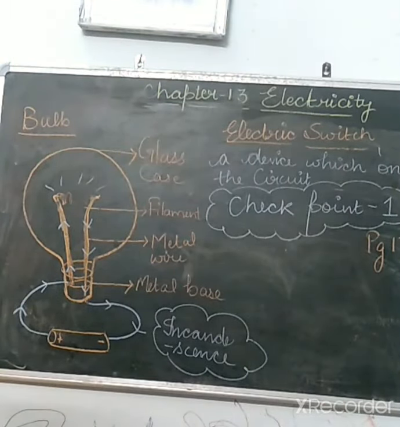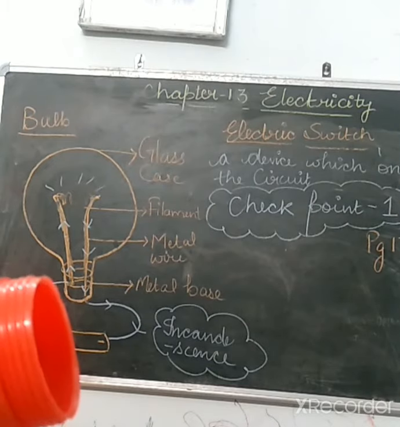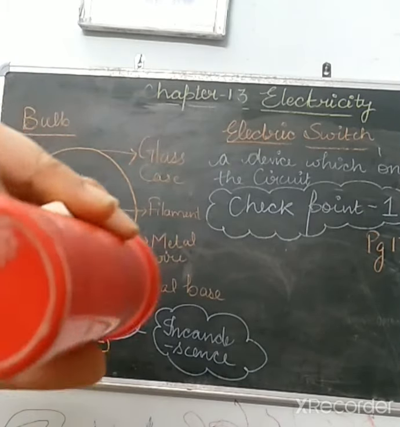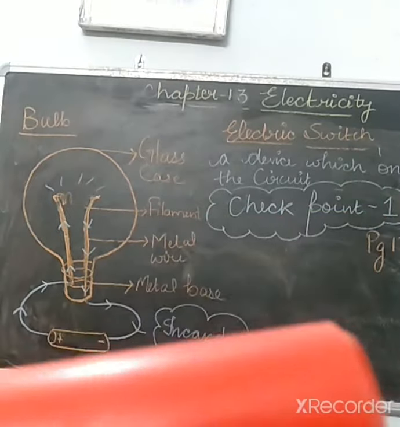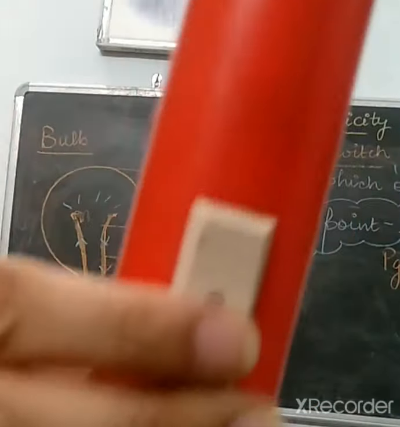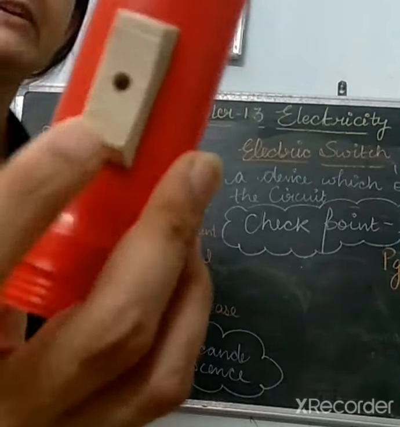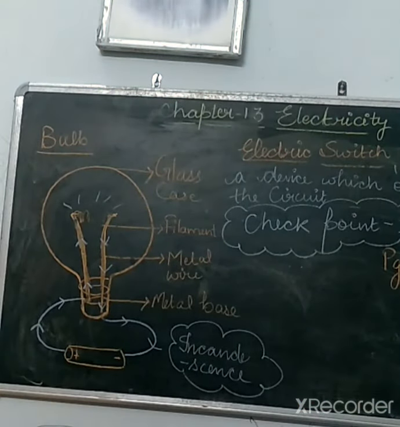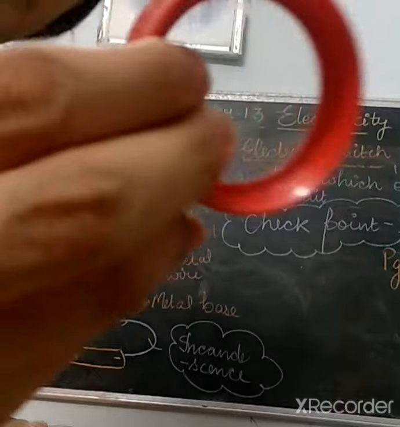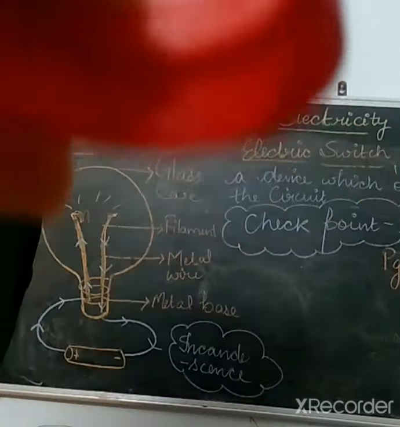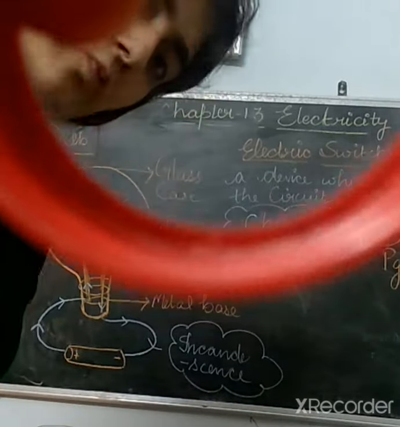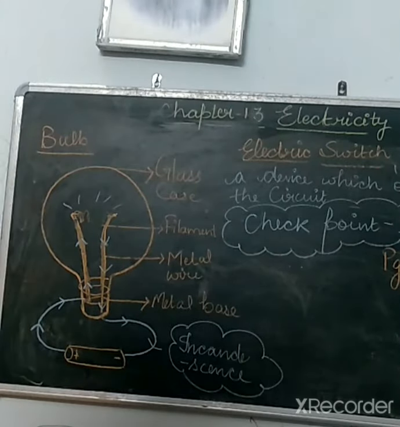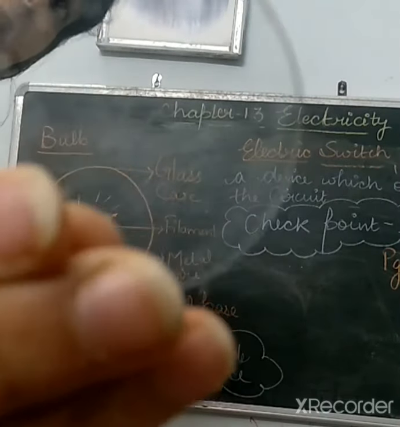So basically this one is called plastic casting, and it has one switch, a white colour switch, and this one is the upper part of a torch. Now you can see there is one glass-like structure also present, and what do we call that?